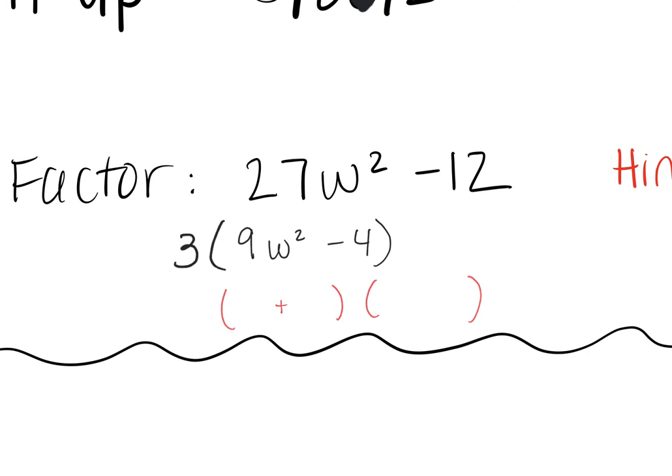And the second one's going to have a minus. 9w squared is what times itself? 3, not just 3 though, w. So we break 3w twice. And 4 is what times itself? 2.